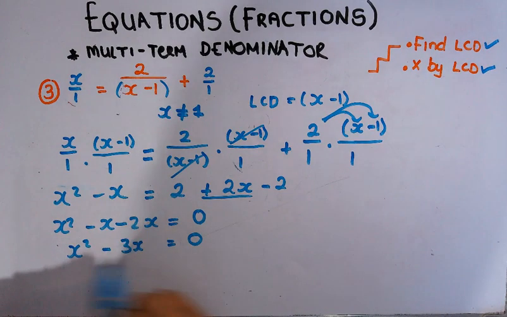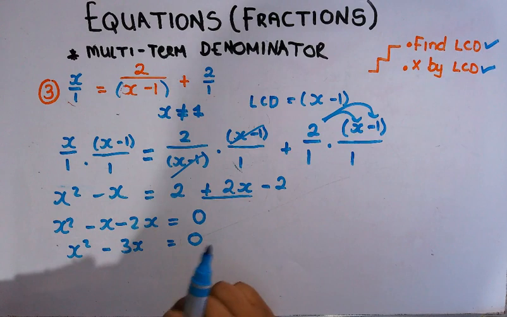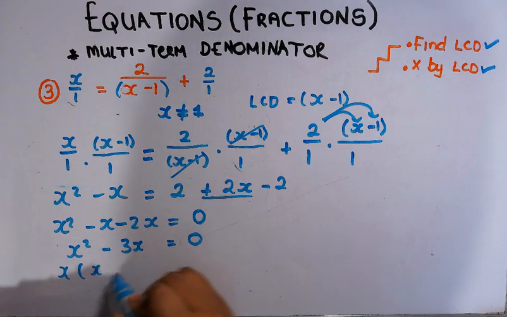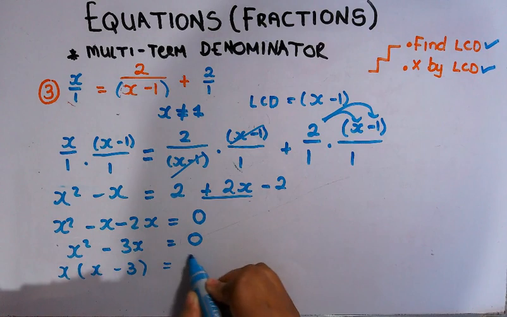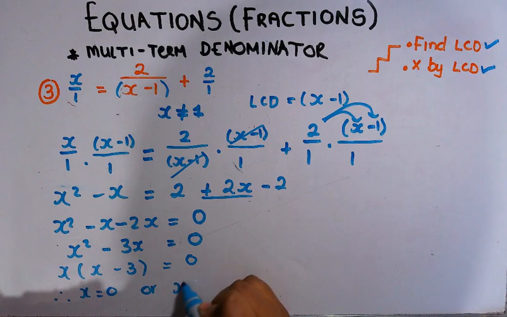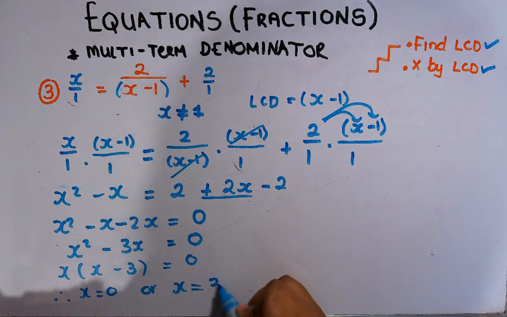Now to solve this quadratic, we need to go ahead and factorize. So we go x and x minus 3 equal to 0, and that leads us to two solutions, one where x is equal to 0 or one where x is equal to 3.